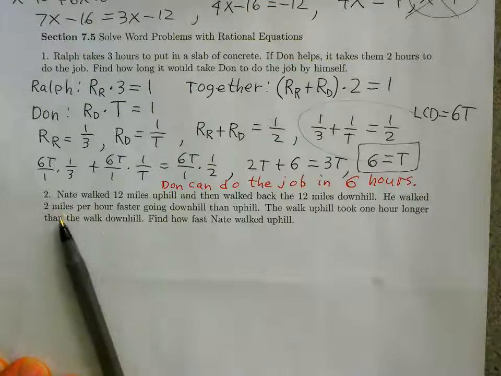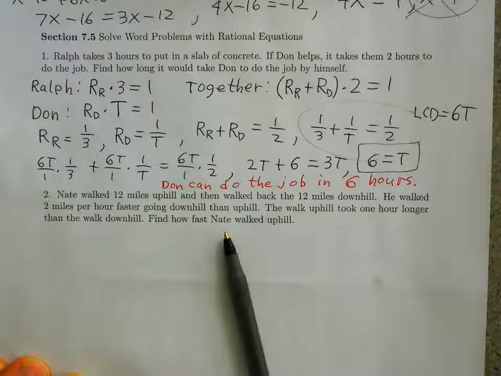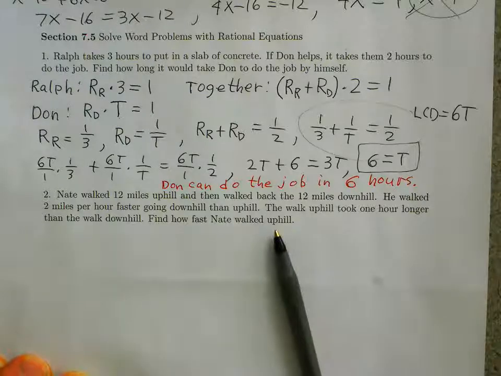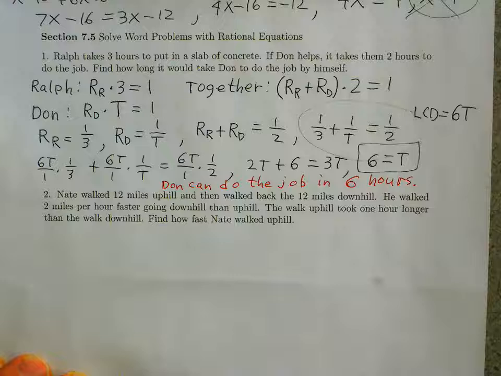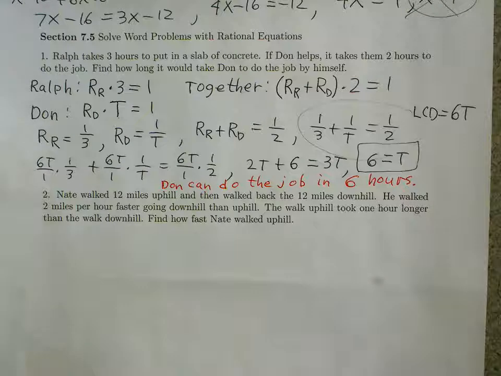So this one says Nate walked 12 miles uphill and then walked back the 12 miles downhill. So one thing we know from the first sentence, the distance going uphill was 12 miles, and the distance going back downhill was 12 miles.